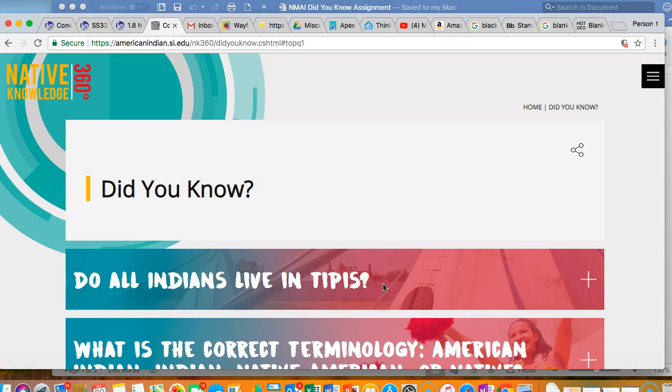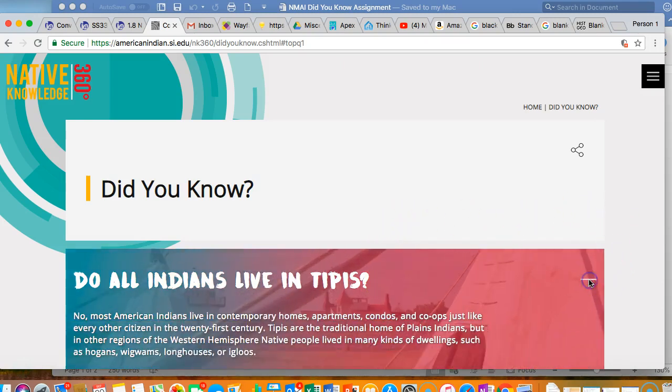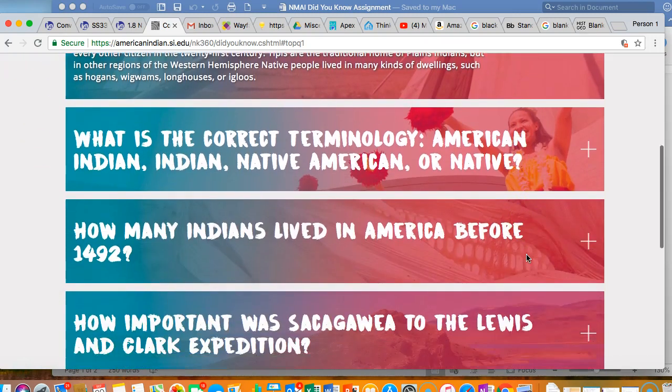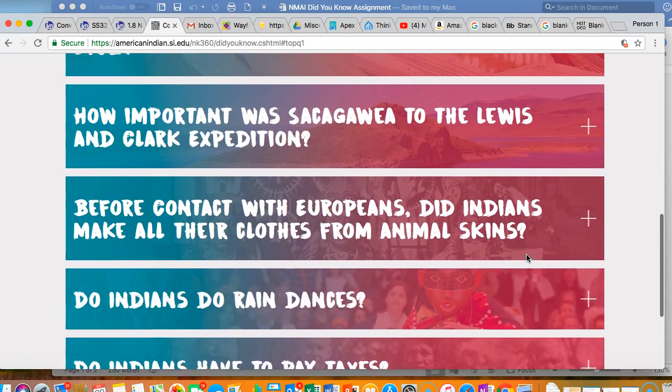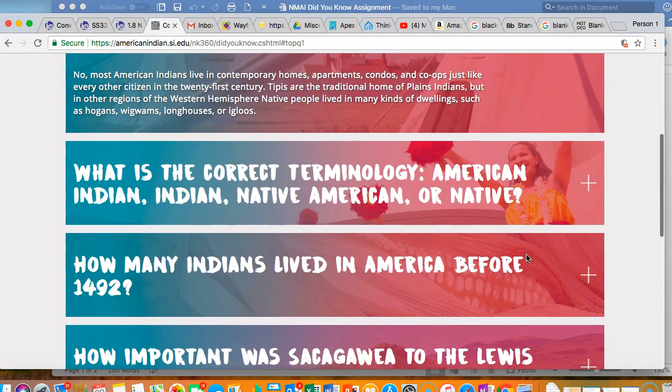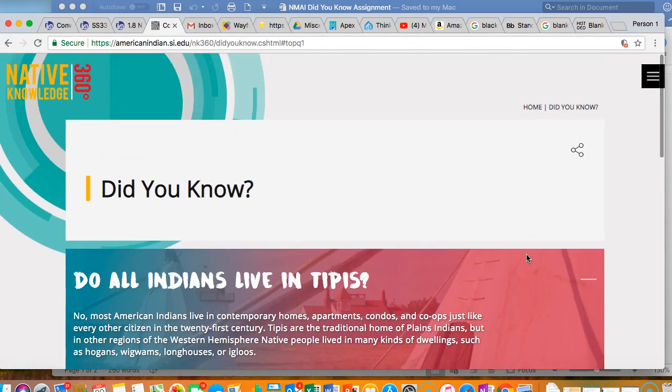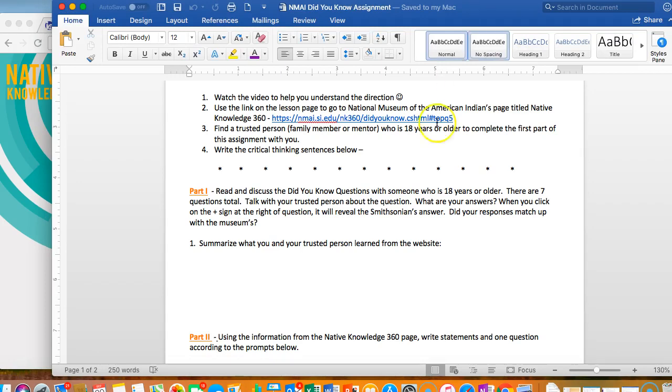Then you will have a discussion about it, and after your little discussion is done, you can hit the plus sign and read what the Smithsonian Museum has said about that question. So remember, there are 7 total, and you are going to sit down and have an educated conversation about these questions regarding Native Americans, okay?